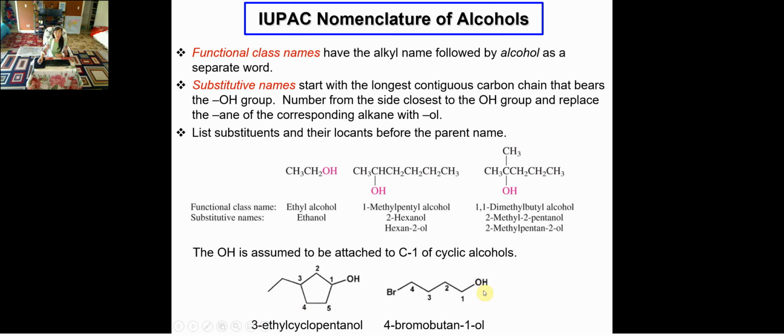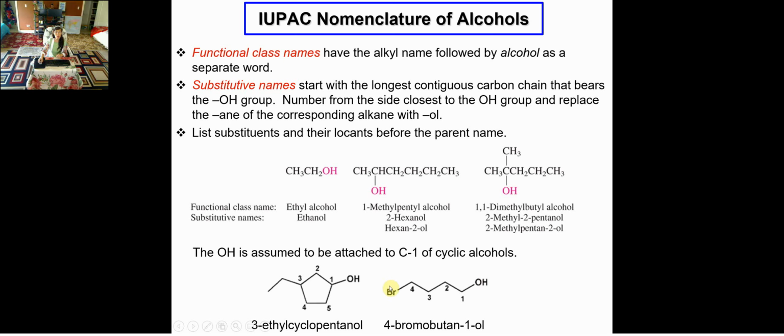The very last one, you have halides, and you also have alcohol. Which one will be your priority? You name it as the alcohol, and your Br will be the substituent. So you start from 1, 2, 3, 4. The carbon which is connected to the oxygen, you label as number 1. You number it first.